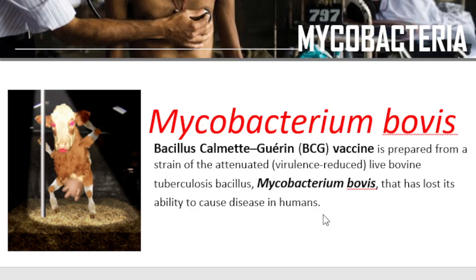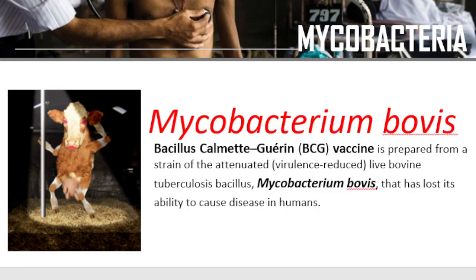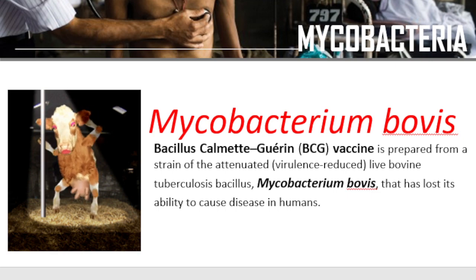This Mycobacterium bovis grows very slowly on egg-based media. They produce small, granular, rounded, non-pigmented colonies with irregular margins after 21 days of incubation at 37 degrees Celsius. In Middlebrook 7H10 medium, these colonies are similar to those of Mycobacterium tuberculosis, but they are slower to mature compared with Mycobacterium tuberculosis.